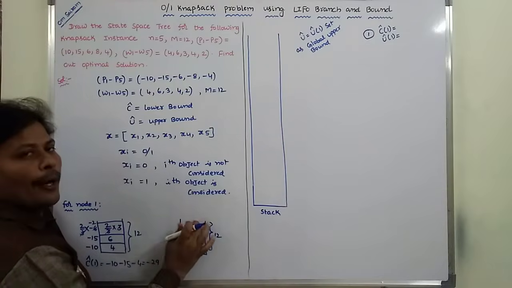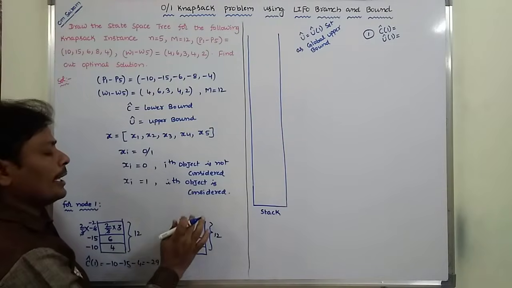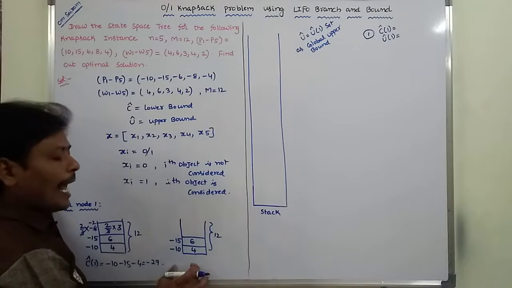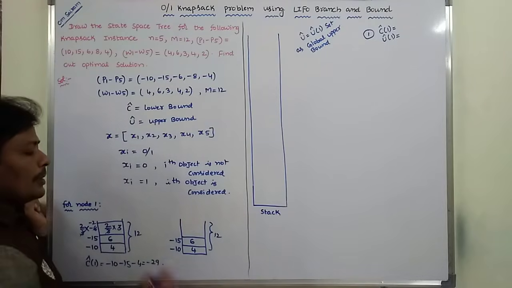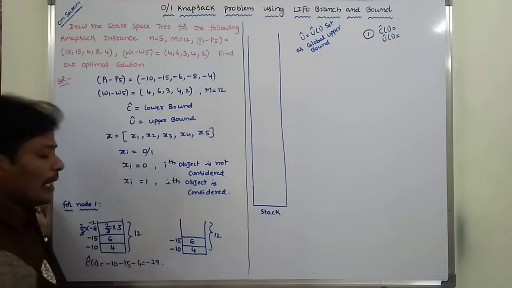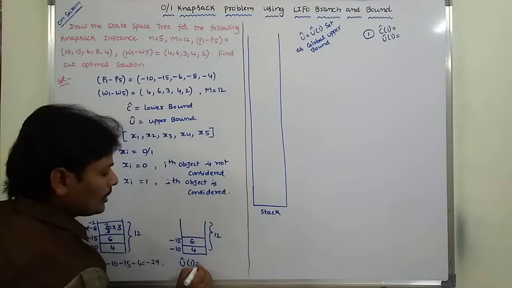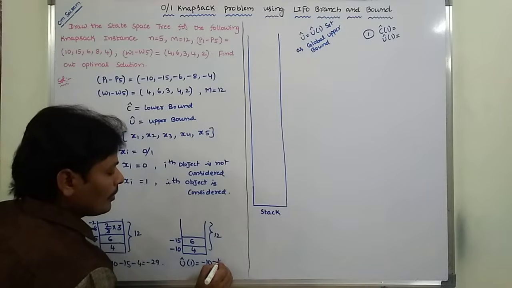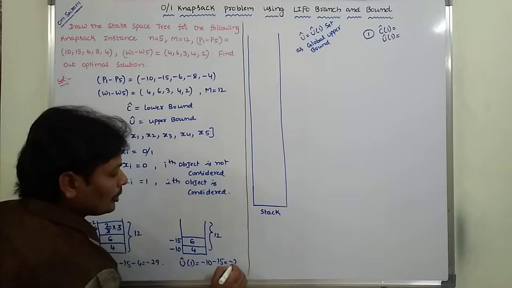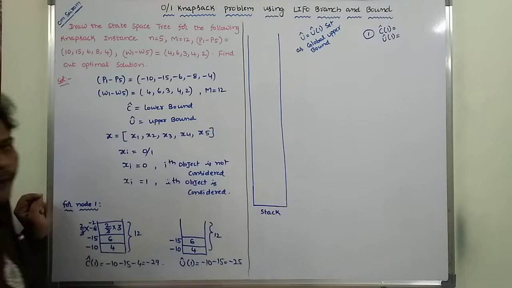So a fraction of the object is not allowed into the knapsack while calculating U cap. So only 2 objects are placed into the knapsack. Then U cap of 1 is equal to minus 10 minus 15, that is equal to minus 25.